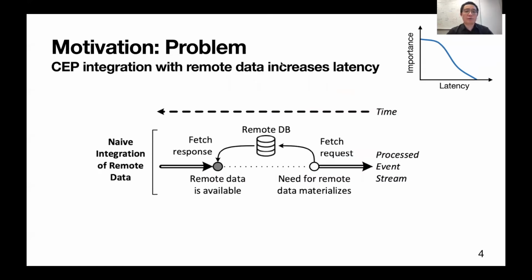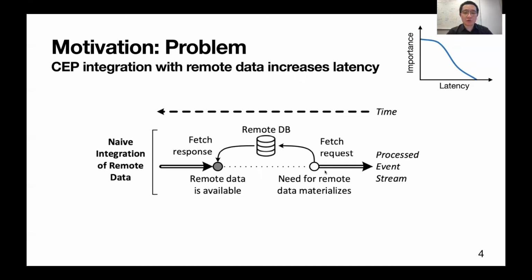The problem of integration of remote data is that it increases the processing latency. This is because when a CEP engine processes the input stream and needs remote data, it initiates a fetch request and stops stream processing.